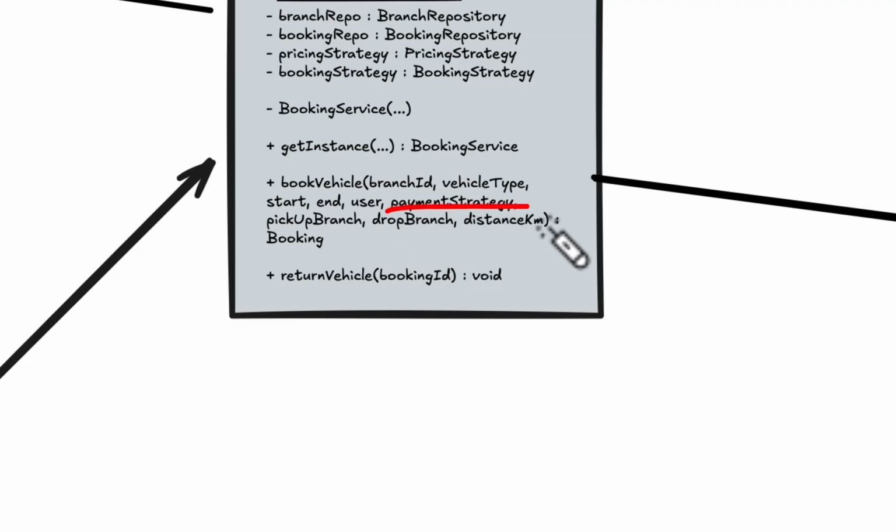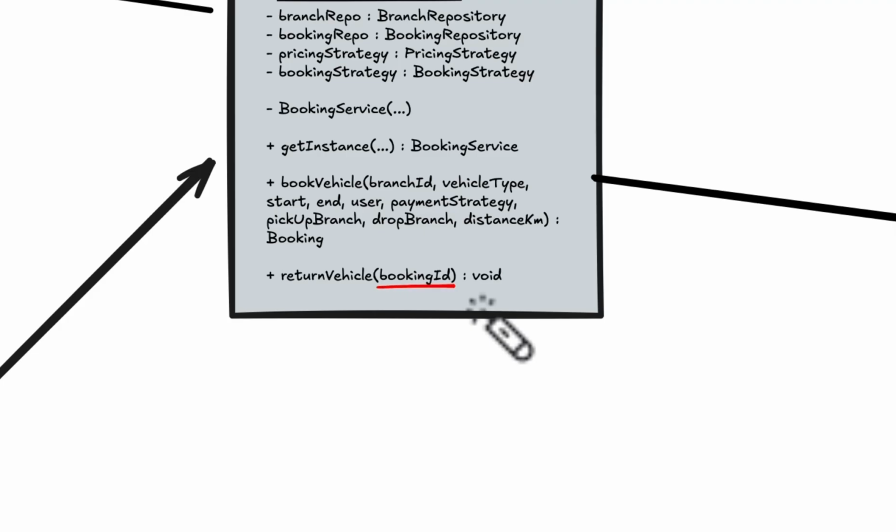For example, I can choose cash payment. So here I have to just pass the object of cash payment strategy. Then this is the pickup branch and drop branch and the distance between those branches. Similarly, I also have a function called return vehicle, or you can say submit vehicle. So I will be submitting that vehicle to the drop branch, and the input would be the booking ID.